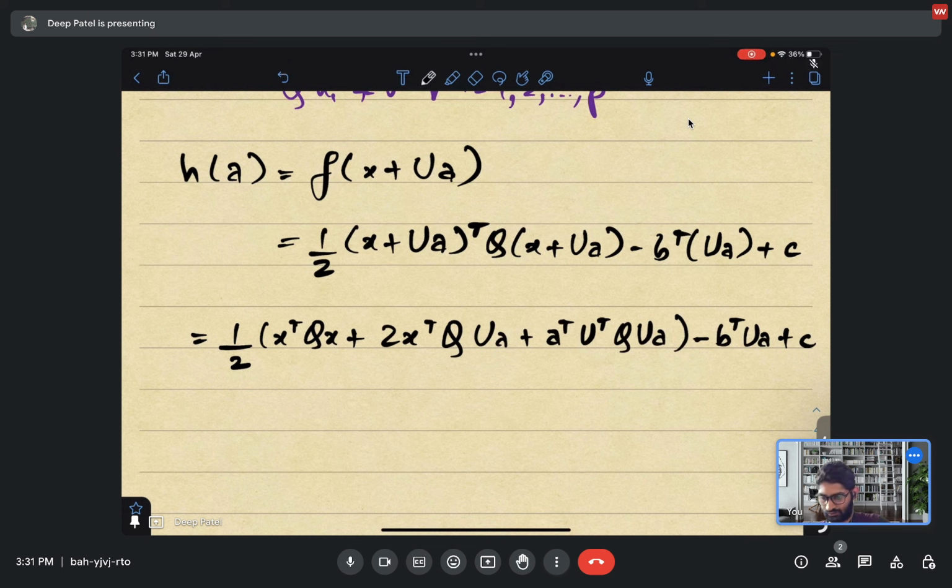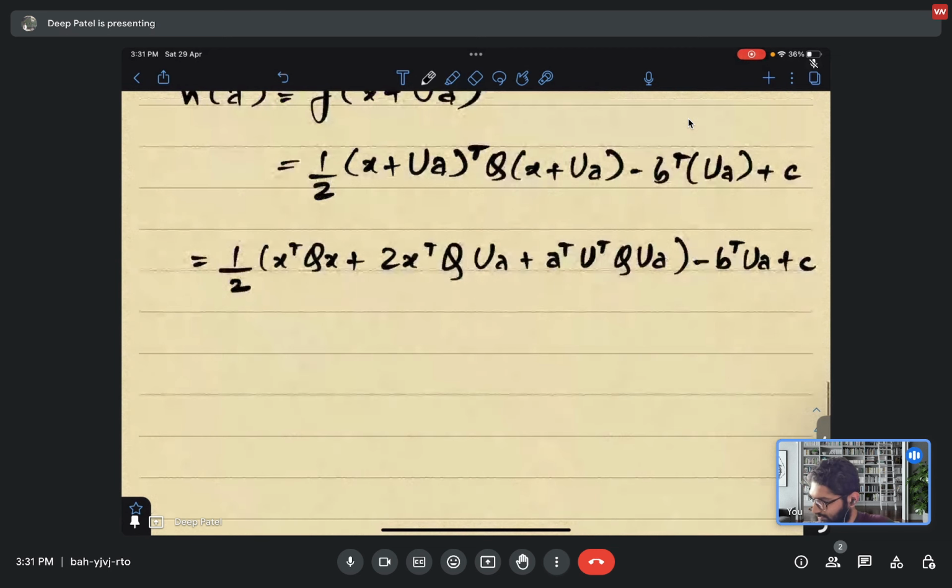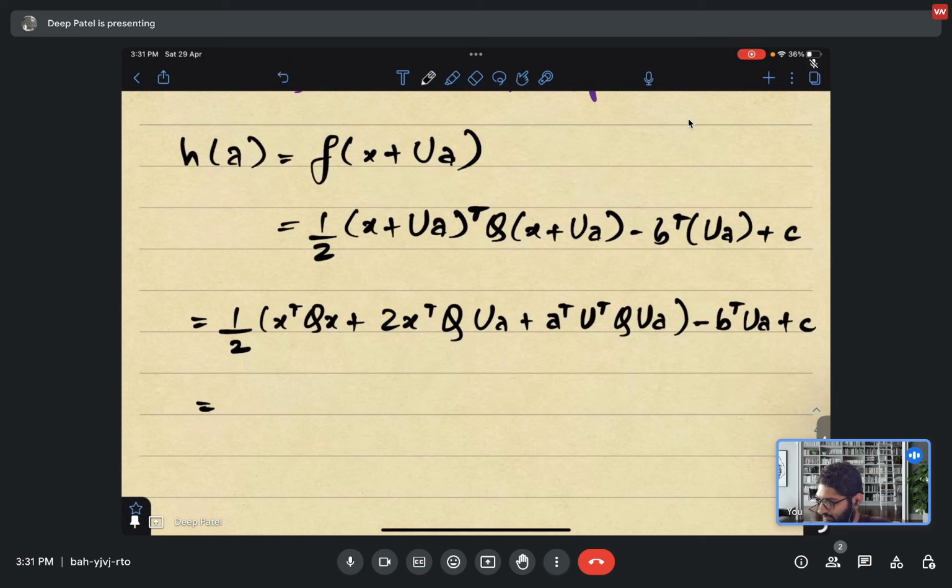We are given x, we are given U. What we want to find is these a's. That's the argument, the rest are all constants. So as a function of a, as you might have suspected, we are going to get a quadratic again.